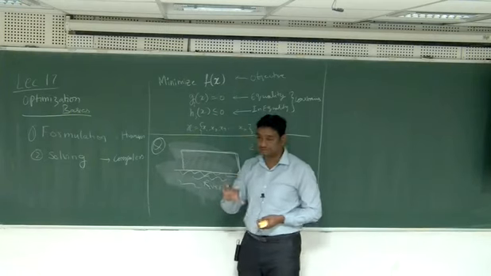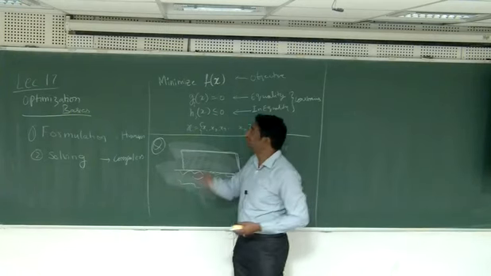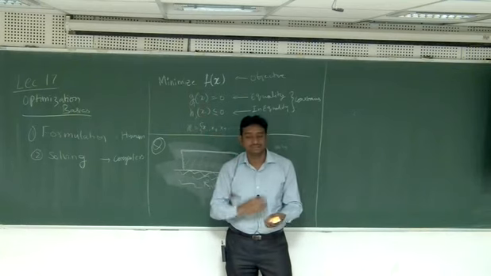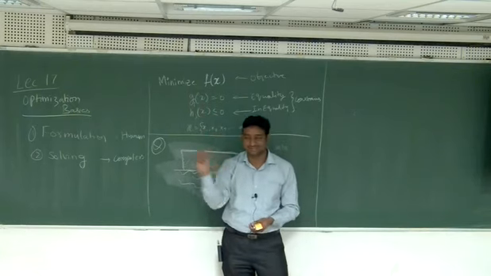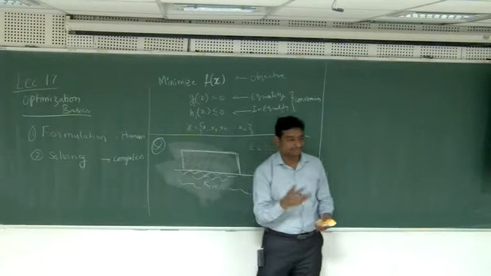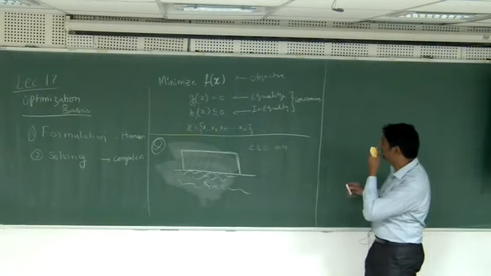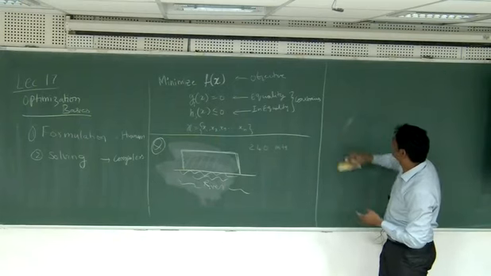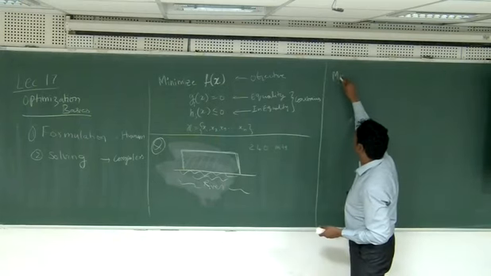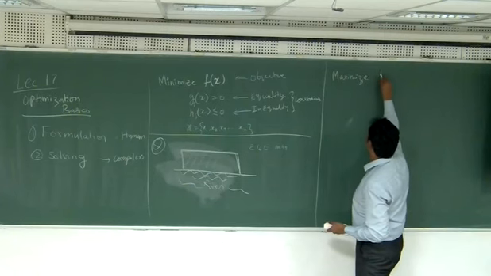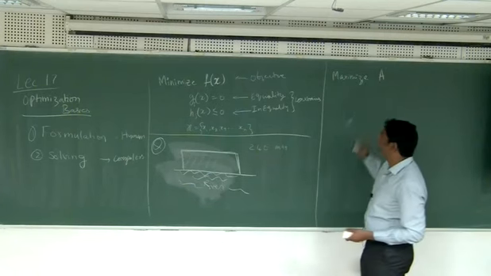If you have written a computer program that can only solve a minimization problem, the same program you can use to solve the maximization problem also. Just reverse the sign of your objective function, and the same program will work. So that's why we only worry about one case. So here I want to maximize the area. Maximize area.